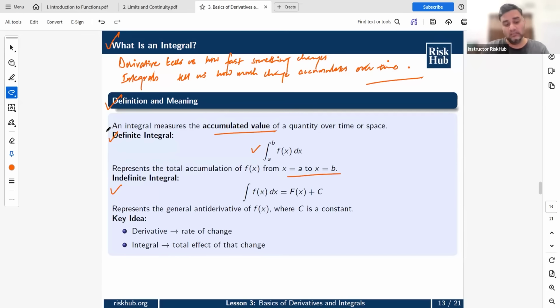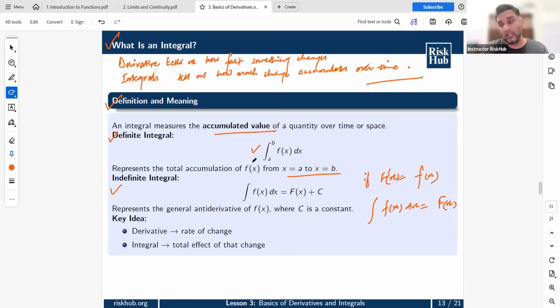Then we move into the indefinite integral. The integral of f(x) dx gives you F(x) plus C. Basically, this represents the antiderivative of f(x), meaning if F'(x) is equal to f(x), then the integral of f(x) dx gives you F(x).